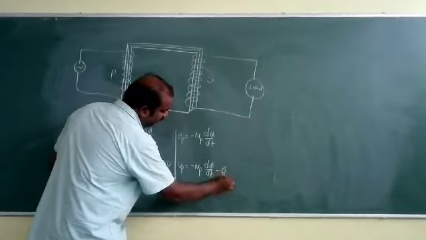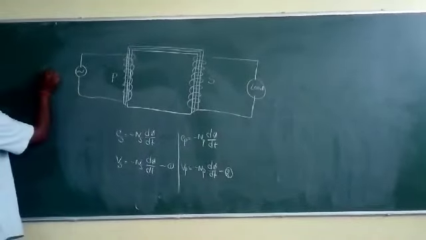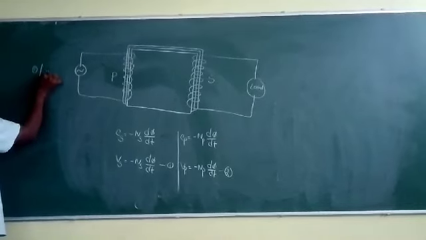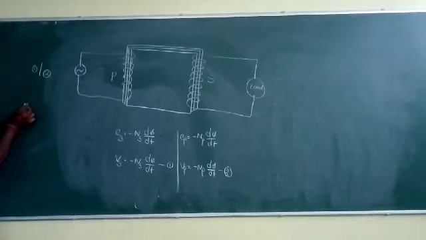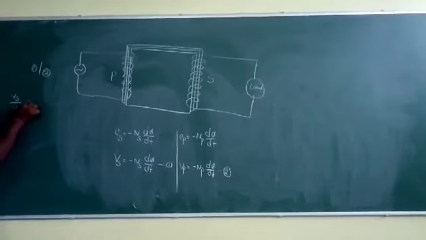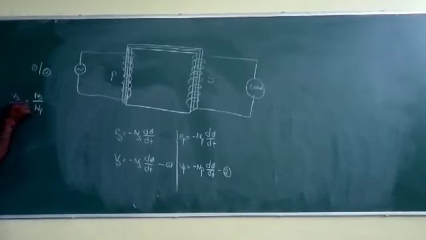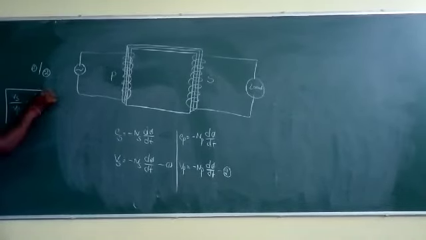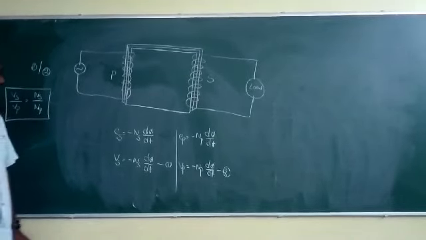This is equation 2. Divide equation 1 by 2. Then we get Vs/Vp = Ns/Np. And what is the conclusion?